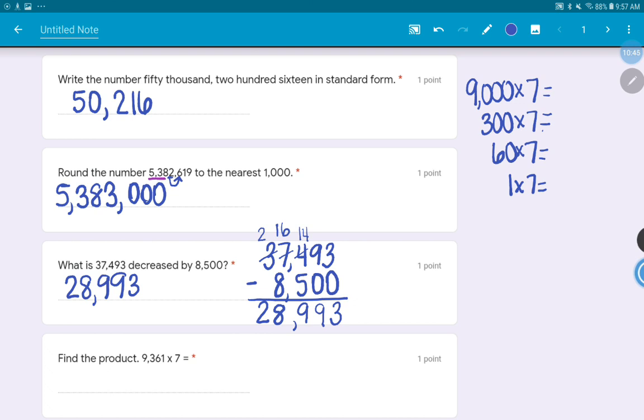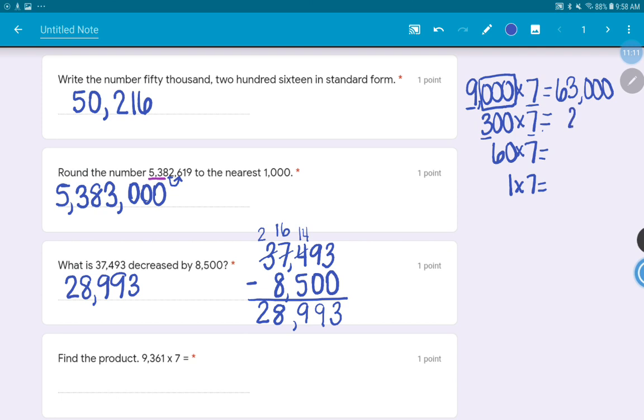All right, so 9 times 7 is 63. And how many zeros do we have, Christopher? 3 zeros. Because in our factor, in the number we multiplied, we had 3 zeros. All right, then what? 3 times 7 is 21.